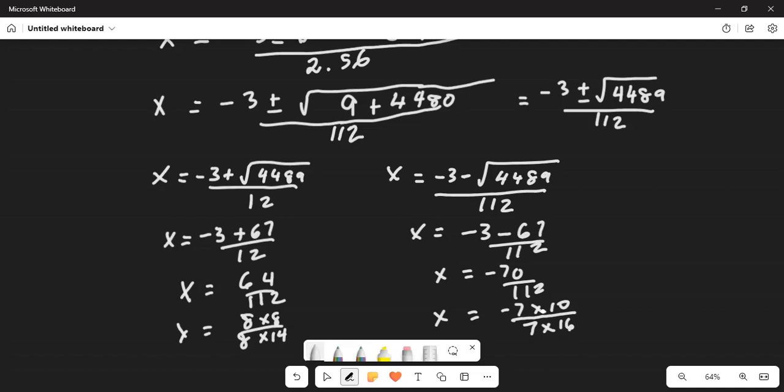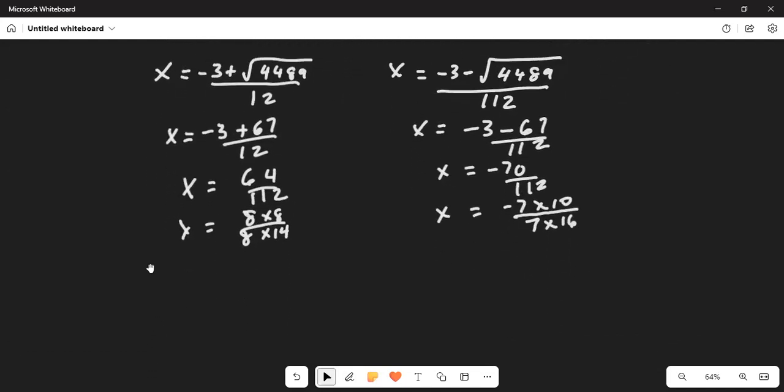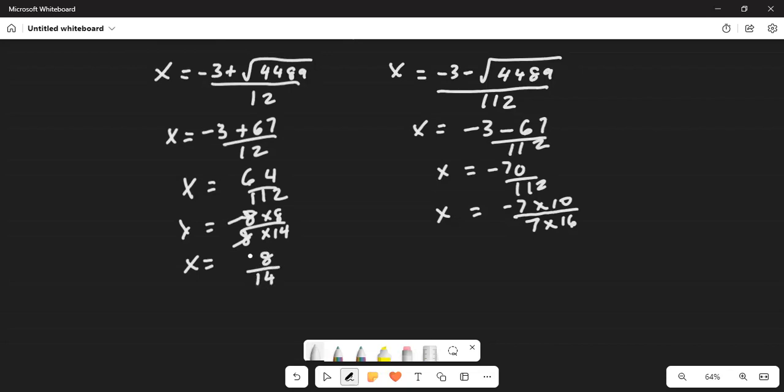If I create some more space, I will take out the common factors for both x. I will be left with x equal to, the 8 cancels in the numerator and the denominator, so you have 8 over 14, which can be further reduced by taking out the common factor of 2 to 4 over 7.